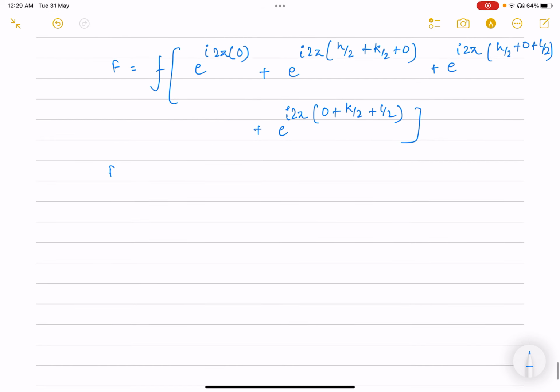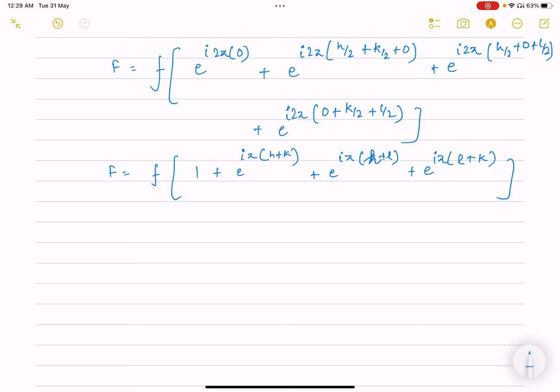So we get capital F equals small f times 1 plus e^(iπ(h+k)) plus e^(iπ(k+l)) plus e^(iπ(h+l)). Sorry, this is h plus l and k plus l.